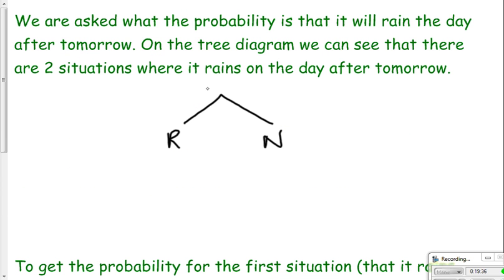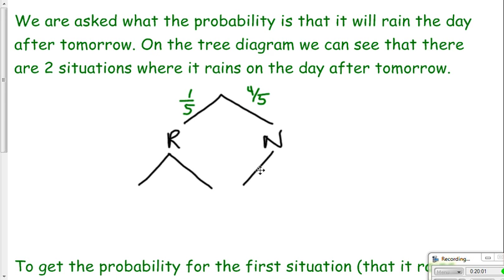So on this branch to the left, I'm going to write the probability for rain, 1 out of 5. And if there's a 1/5 chance of rain, then there's a 4/5 probability that it's not going to rain. I use the idea of a complementary probability there. It's the opposite. Okay, so that picture that I have as of right now represents the first day, tomorrow.